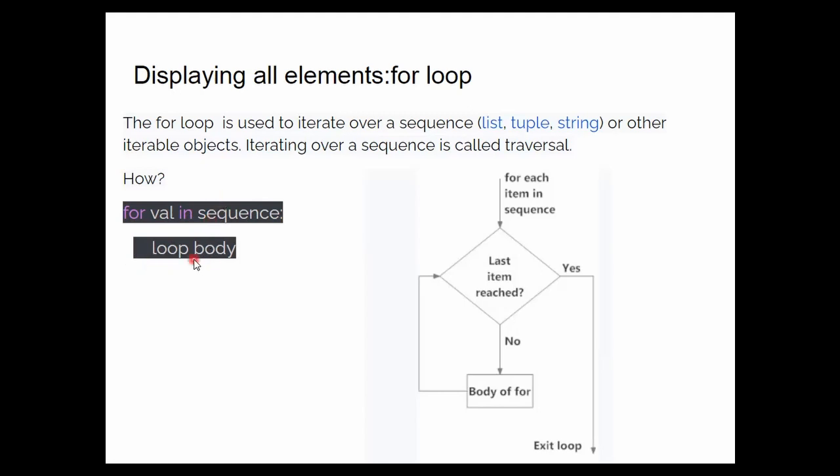If we want to come out of the body of the for loop, we do not use the indent. So whatever statement we write exactly below the f of your for keyword, that is the next statement after the body of your for loop.